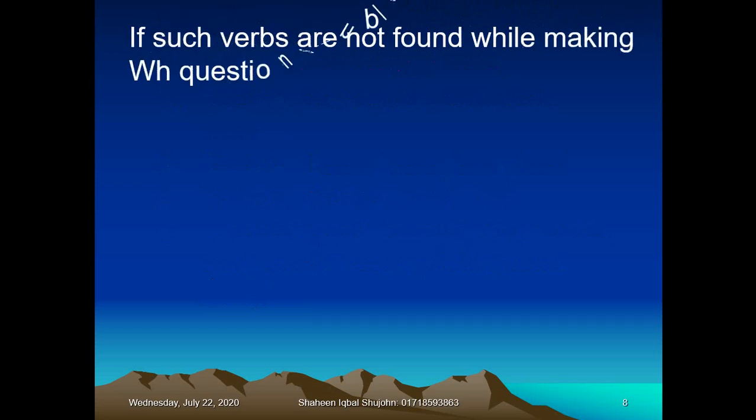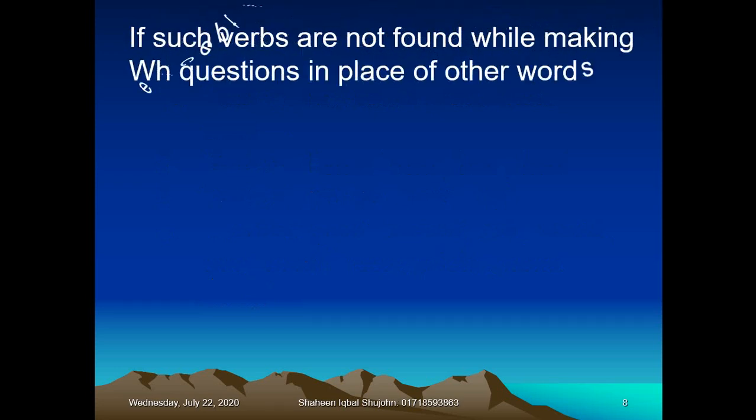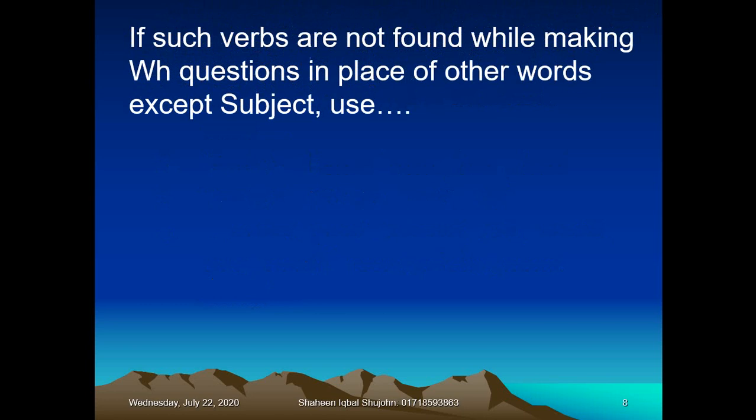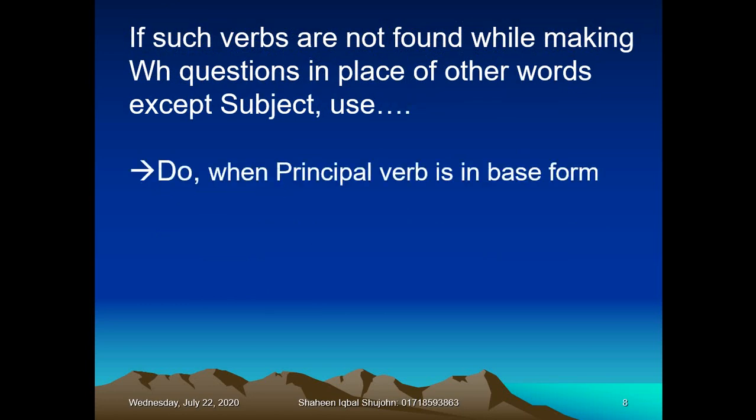If such verbs are not found while making WH questions in place of other words except subject, use do when the principal verb is in base form. That is, if the verb is in simple present or present indefinite, use do.